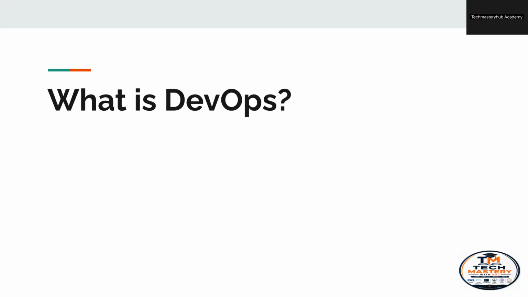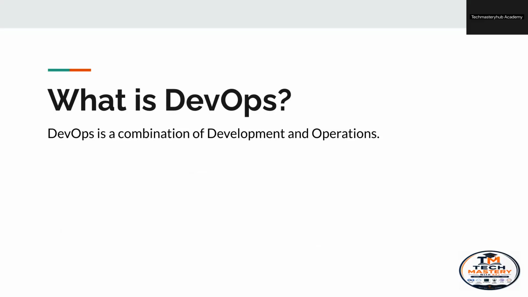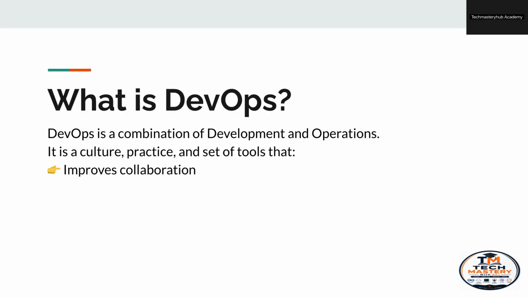Okay. So next question is, what is DevOps? DevOps is a combination of development and operations. It is a culture, practice, and set of tools that improves collaboration between teams. Because in SDLC, all teams work separately. In DevOps, there is proper collaboration between the teams.